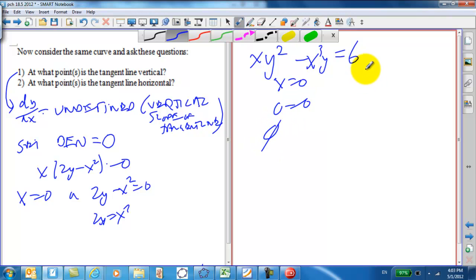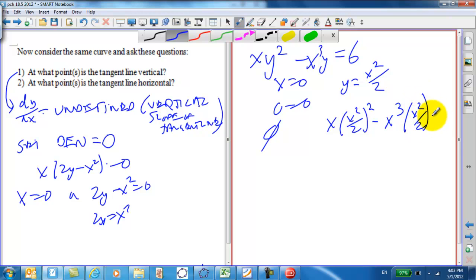If we set y equal to x squared over 2, now we get x times (x squared over 2) squared minus x cubed times y, which is x squared over 2, set that equal to 6. I'm getting x to the 5th over 4 minus x to the 5th over 2 equals 6.